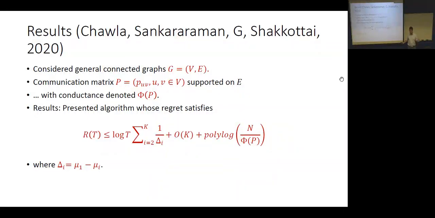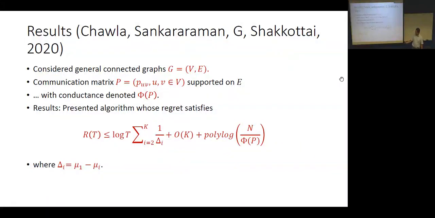I'm not going to define conductance very explicitly, but you can think of it as a measure of how well communication spreads through the graph. It gives lower bounds on the rate at which one subset of nodes communicates with its complement over all possible subsets.